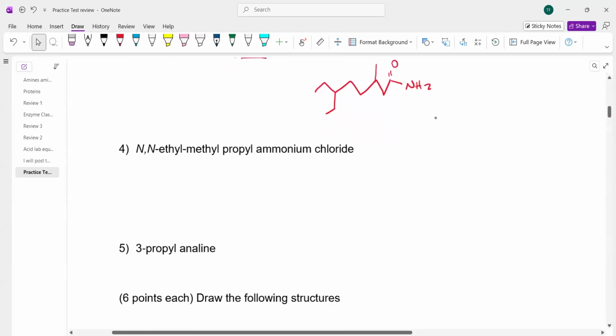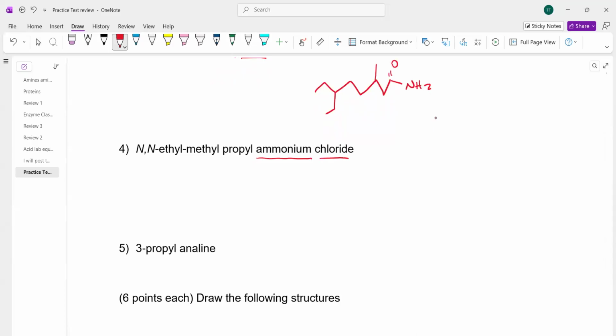Okay, ammonium chloride. So ammonium means it's going to be a positive ion coupled with the negative chloride ion. So we've got chloride, and now this has got 4 bonds to the nitrogen. So we have NH, and we've got an ethyl.